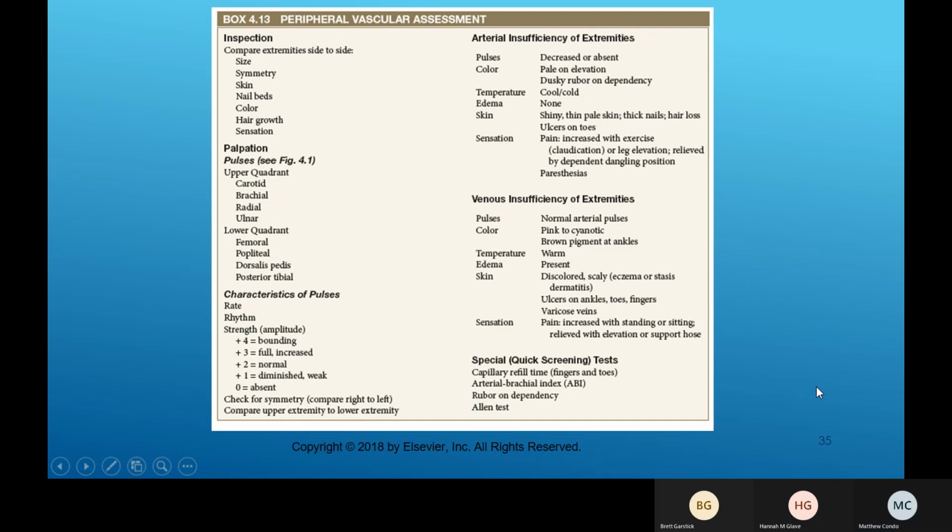So again, just sit back sometimes and think about, where does that artery go? And what would happen if that artery didn't work? Same thing with the venous system, right? Think about, well, if I can't get blood back out of an extremity, what sort of signs and symptoms would I see? Obviously an enlarged leg or enlarged foot, discoloration, things of that nature.